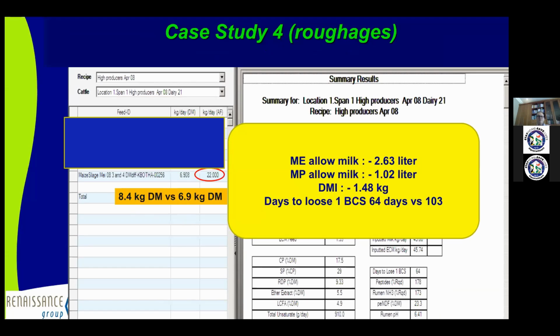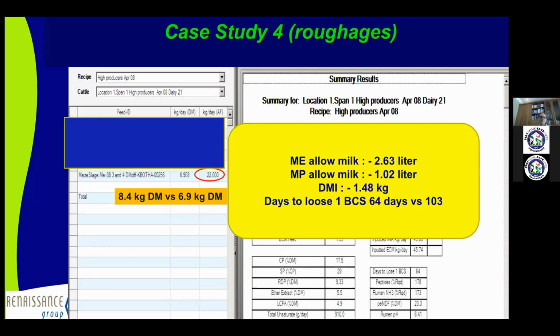If the diet is balanced on the 6.9, by overfeeding maize silage, we increase fiber levels, so the animals will decrease in dry matter intake and therefore lose milk production.